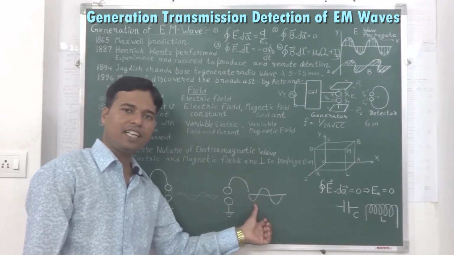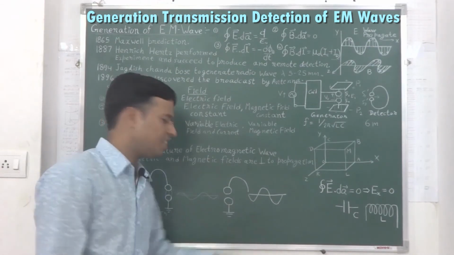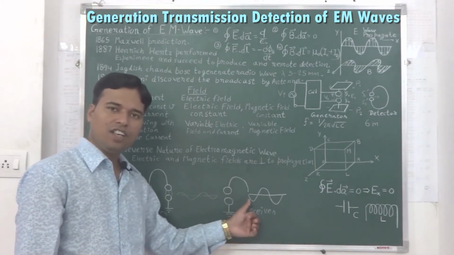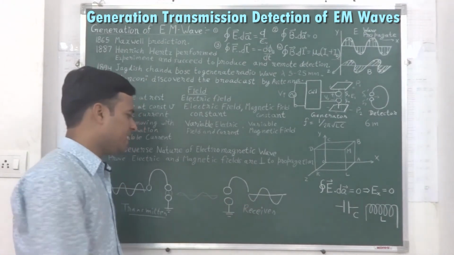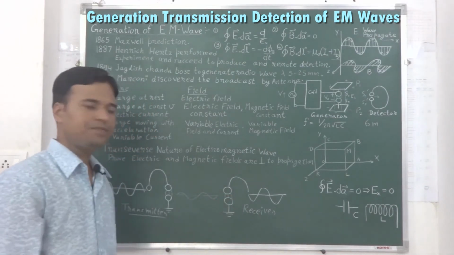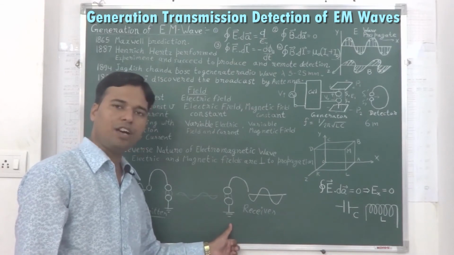Using a similar antenna at another place, it will work like a receiver, and at the receiver we can receive the similar electromagnetic wave. The second terminal is connected to ground.